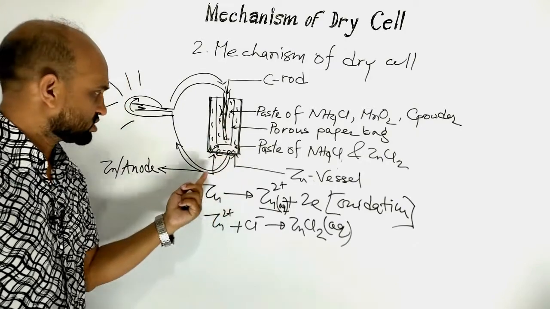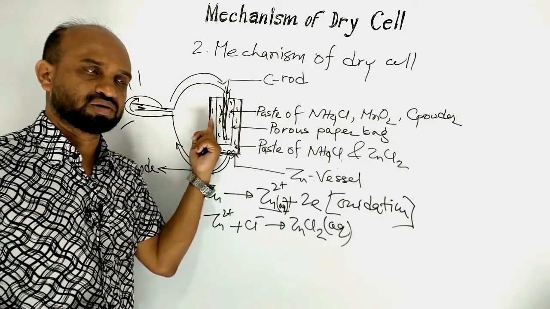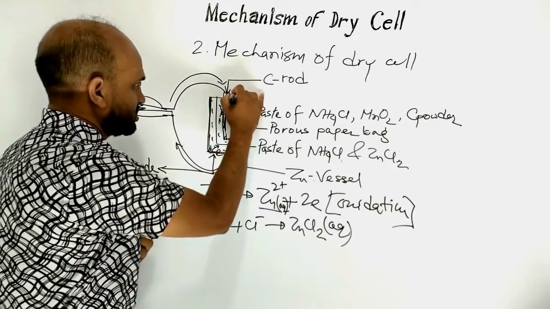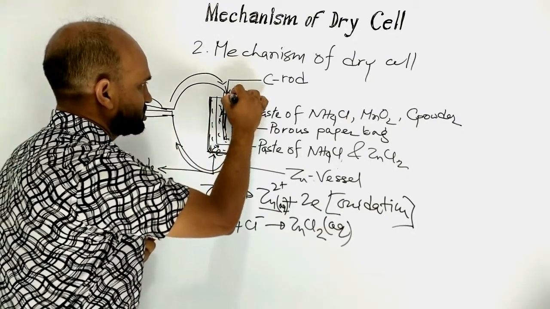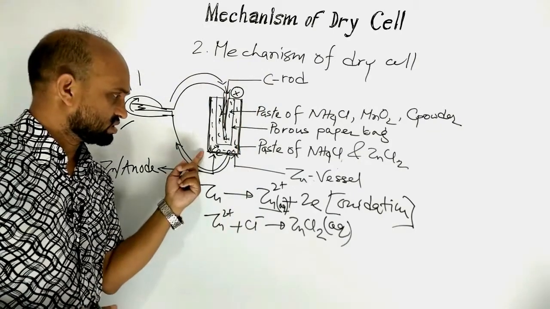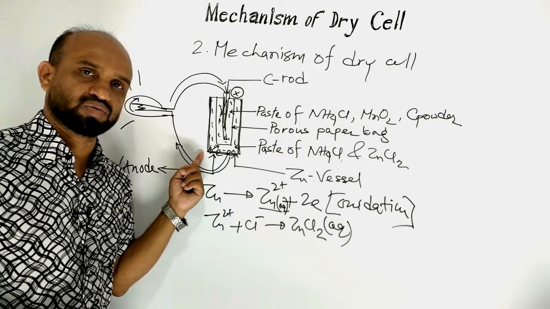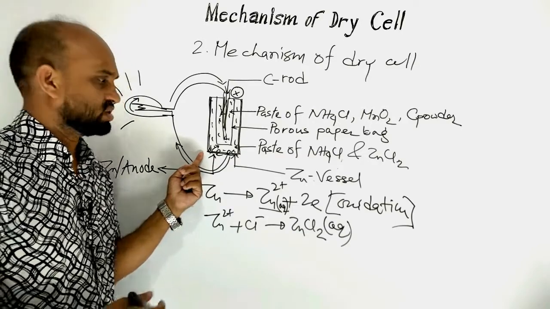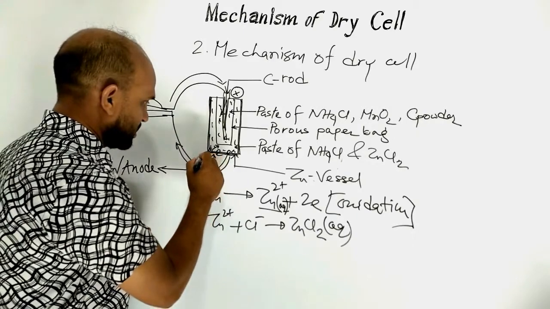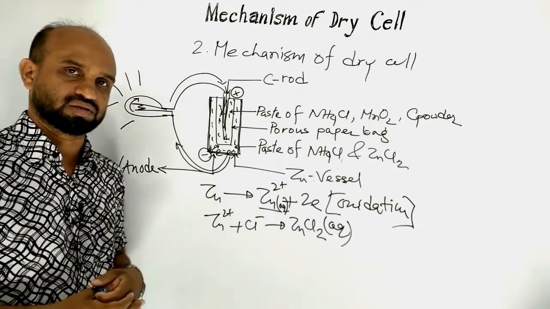As electrons are flowing towards carbon rod, that is why this carbon rod is denoted by positive charge, and zinc vessel becomes electronically rich with the passage of the time. That is why zinc vessel is indicated by negatively charged.